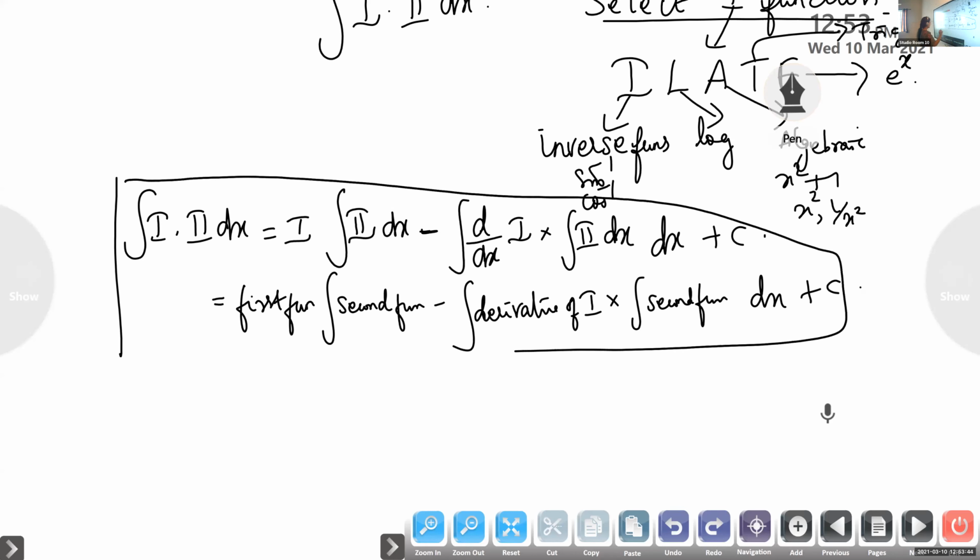Annette, can you give the rule? Integration by parts, what is the formula? Yes. Can you give the formula, Annette? Can you read?